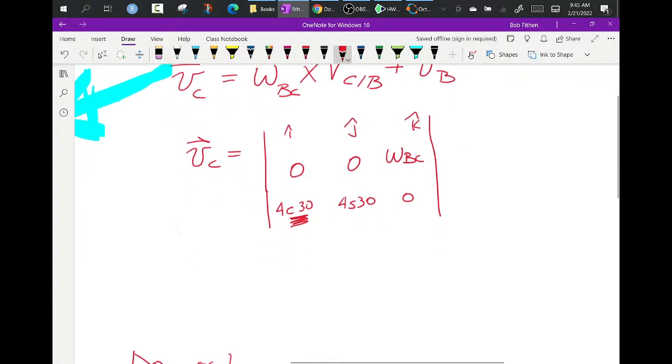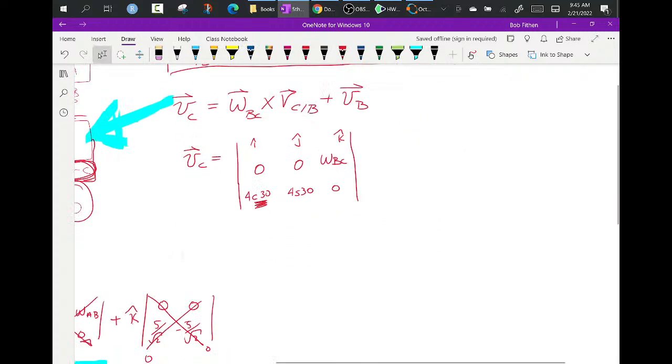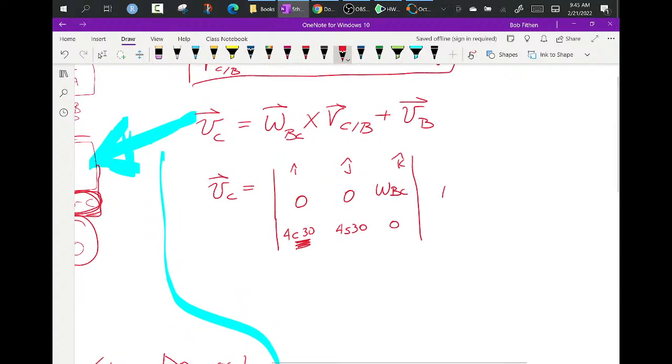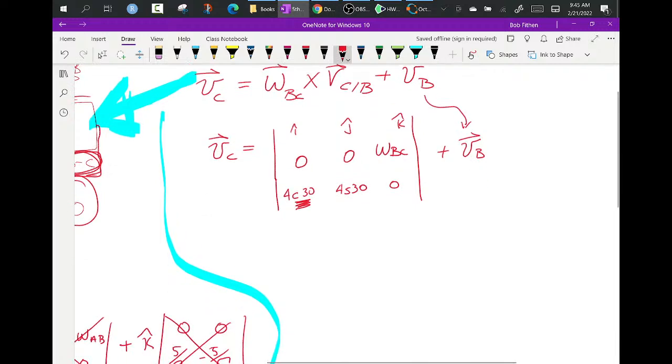I go through my cofactor expansion one more time with a different thing, and I'll make it so that it doesn't clash here. I need to also carry my velocity B as just a symbol for the time being.